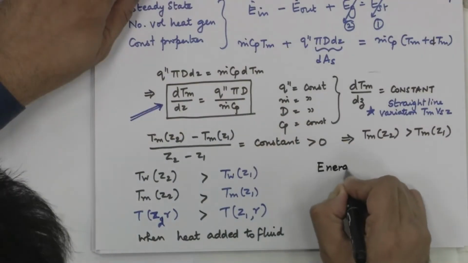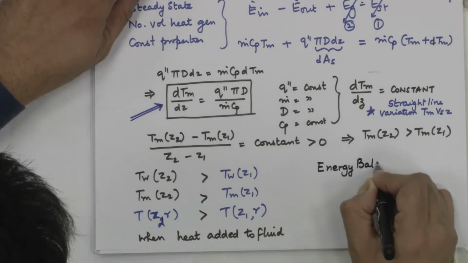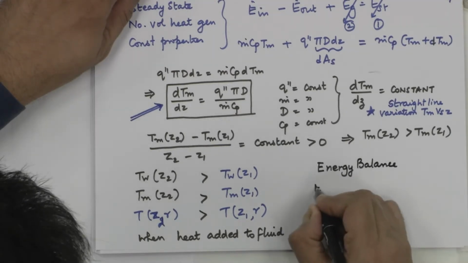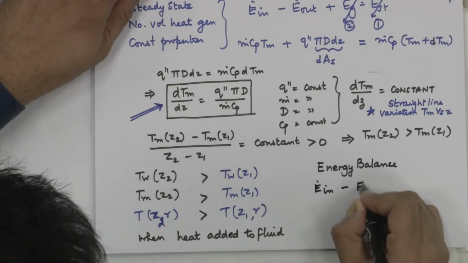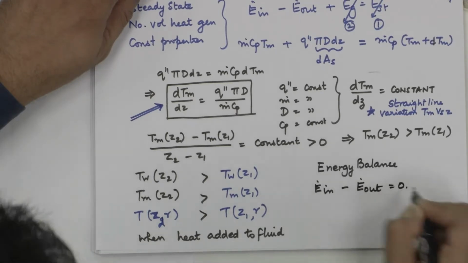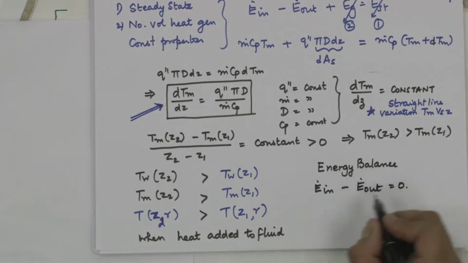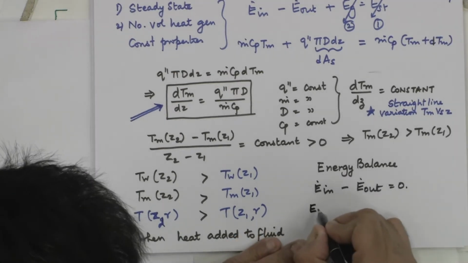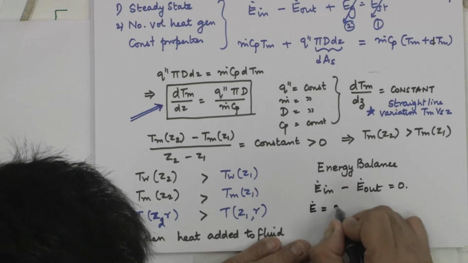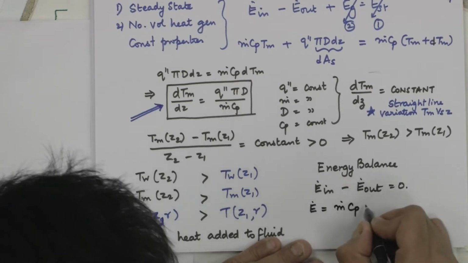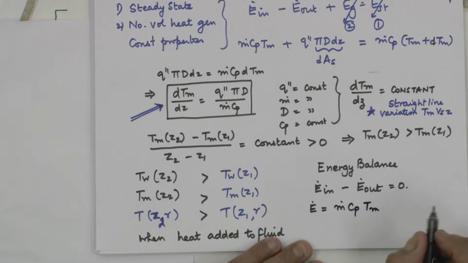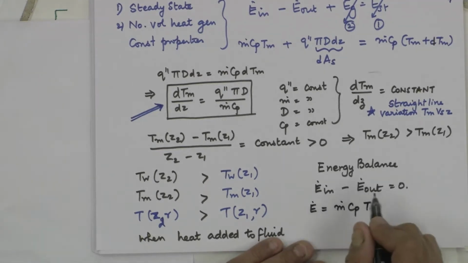Okay. So, if I now want to define this so called bulk mean temperature, it comes from an energy balance. E dot in minus E dot out equal to 0, or if I write energy content E is m dot Cp T bulk mean. This is the energy content. Flow rate, therefore it is E dot.